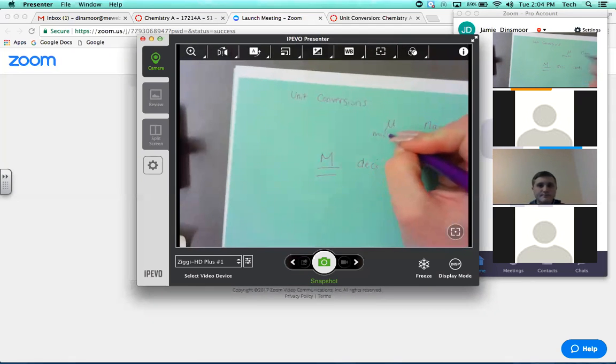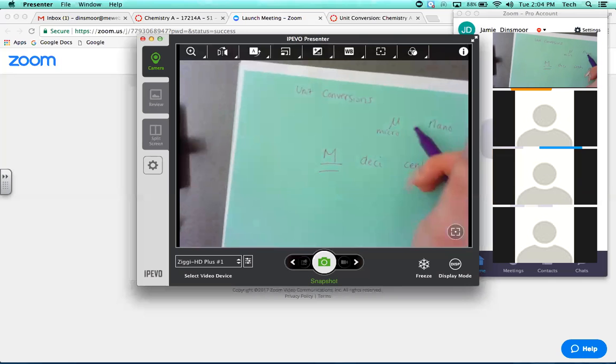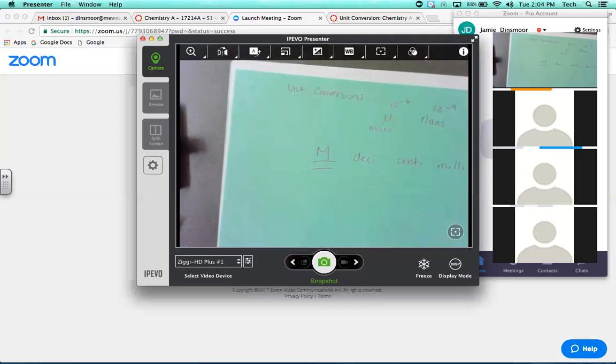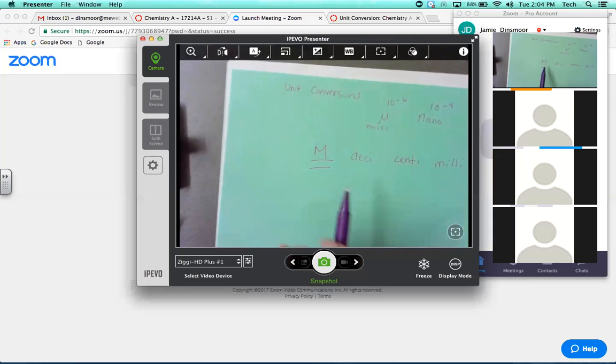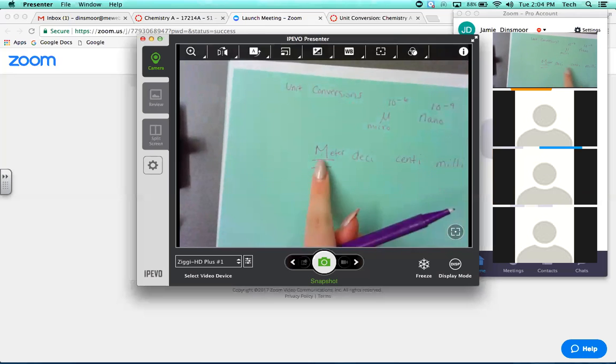micro and nano. Those two you don't really see too often. So I'm going to have them listed here, but you're probably not going to need to use those frequently. But the meter going to decimeter, centimeter, millimeter, definitely important.